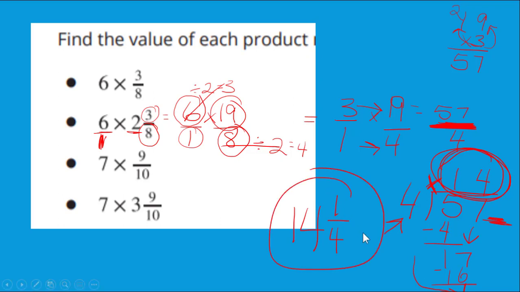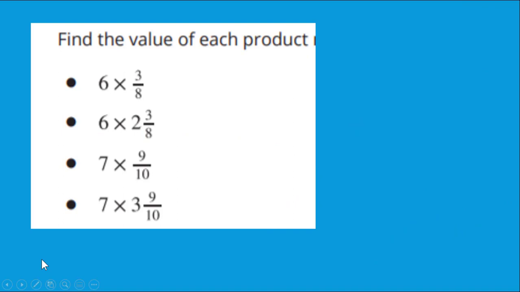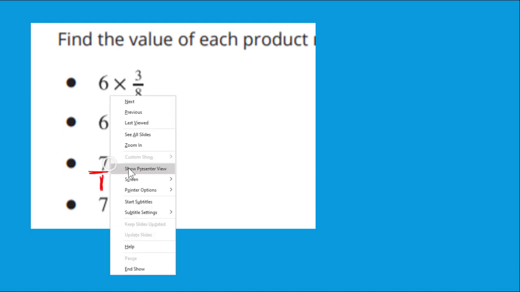Okay, next one. I need two fractions for step 1, and I only have this fraction here, so I need to put a 1 under my whole. Now I have 7 over 1 times 9 over 10. Step 2, crisscross simplify. So I'm going to look at my 7 and my 10.